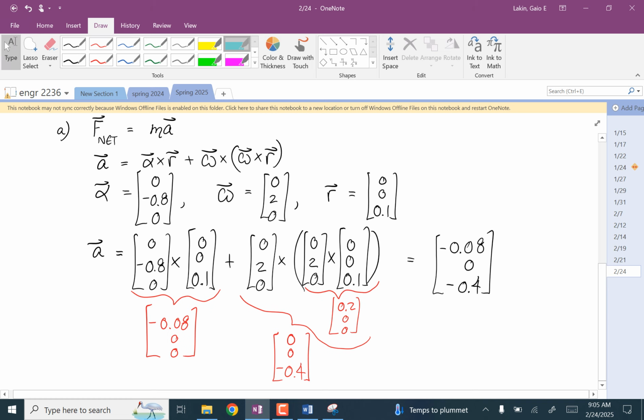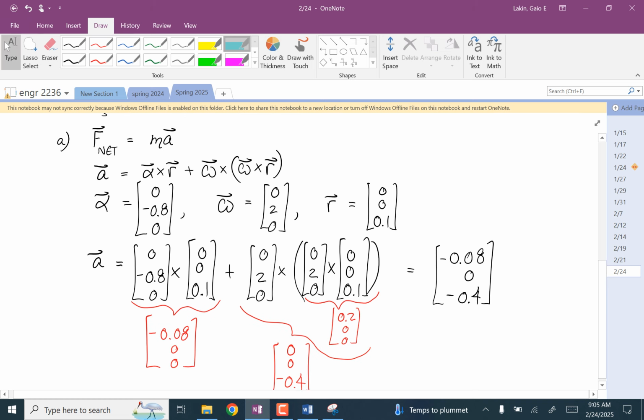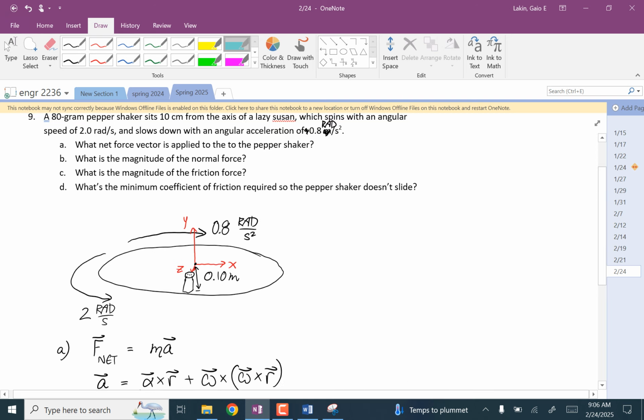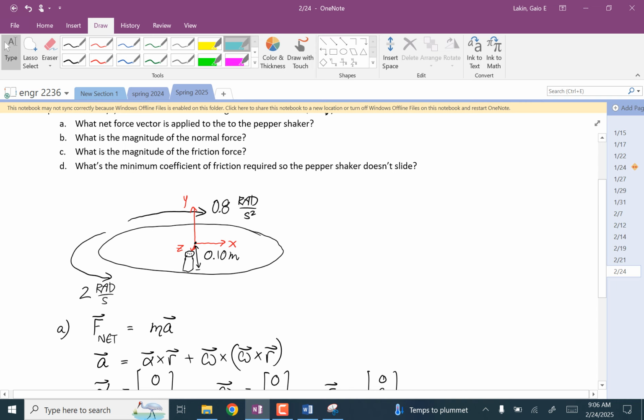And now you can think about whether that makes sense. It's always a good idea to sanity check your answers, figure out if there's any way to validate what you've done. Because of the way the angular acceleration is directed, we know that the tangential acceleration is going to be pointing this way.